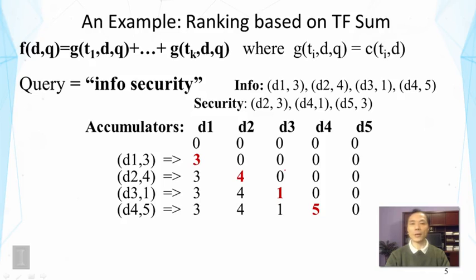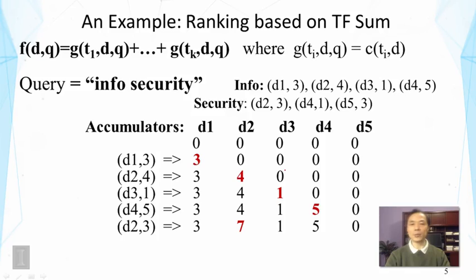So now our algorithm will go to the next query term, that's security. So we're going to fetch all the inverted index entries for security. In this case, there are 3 entries, and we're going to go through each of them. The first is D2 and 3, and that means security occurred 3 times in D2. And what do we do? Well, we do exactly the same as what we did for information.